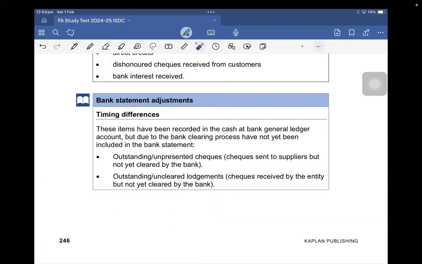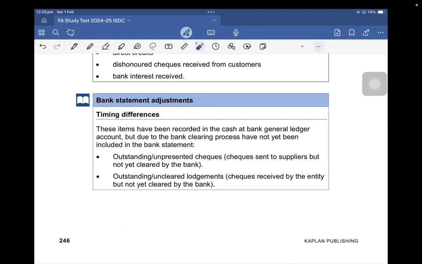When you receive a check from customers, you don't wait till it gets deposited, but you directly debit your bank ledger account. But the bank statement wouldn't be increased until you deposit that check into your bank account, right? So there is a timing difference.